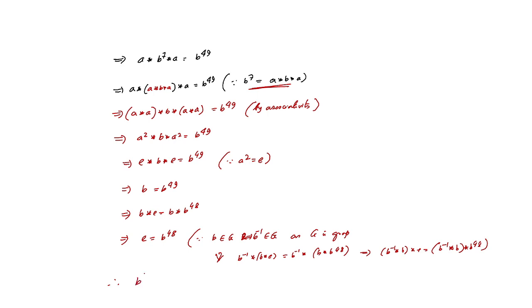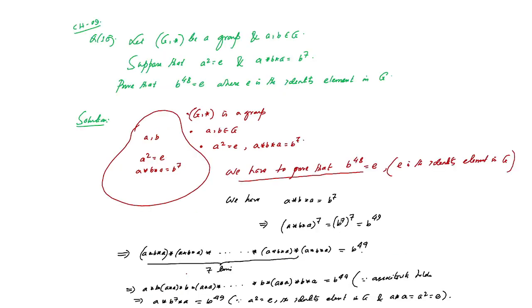So what we get is B to the power 48 equals the identity. This is proved here. So we have proved B to the power 48 equals identity.